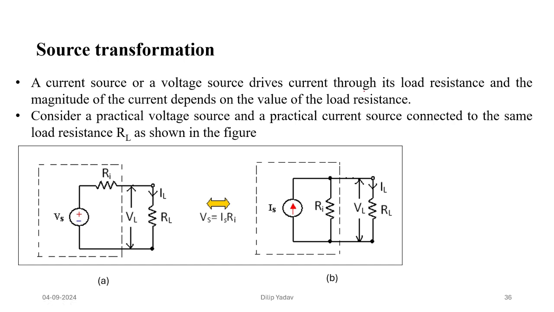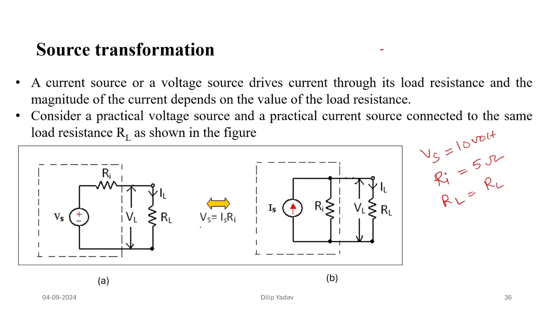For example, we have Vs value of 10 volt, and we take Ri, the internal resistance, as 5 ohm, and the load resistance is RL. We are not going to change the load resistance.